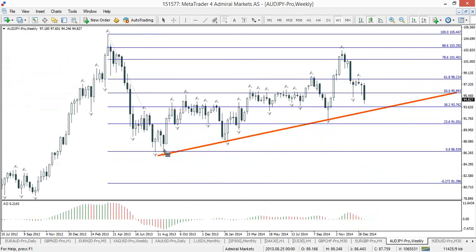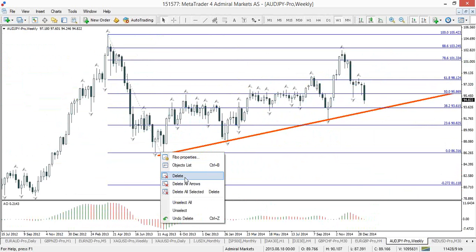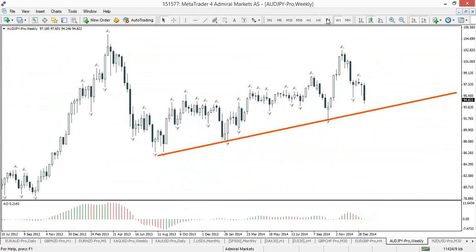Just give me a second because I didn't look at this pair beforehand. It reached the 886 fib there, as you can see on the weekly chart.